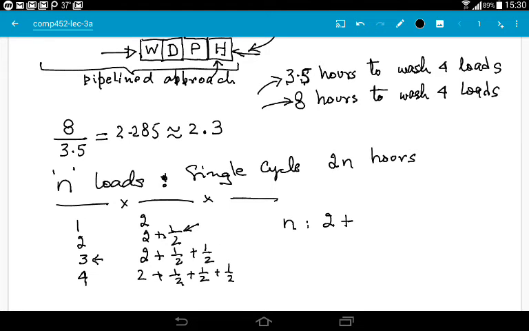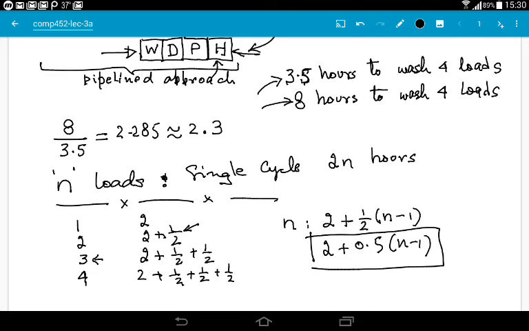When n is 4, you have three 1/2s. So it's 1/2 of n minus 1. So 2 plus 0.5 times (n minus 1). This is the time taken, Tn, to wash n loads with the pipelined approach.